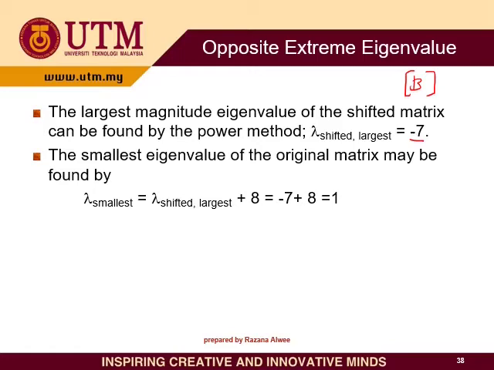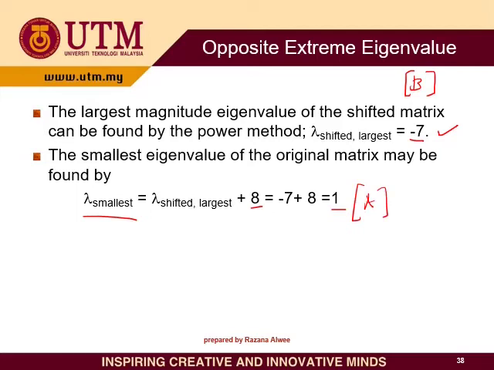And you can see, the smallest eigenvalue of the original matrix may be found by lambda smallest equals lambda shifted largest plus 8, because this is the scalar, remember? So negative 7 here plus 8 equals 1, which is the smallest eigenvalue in matrix A.